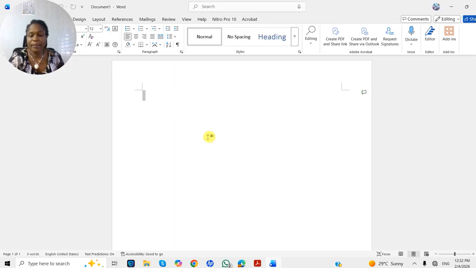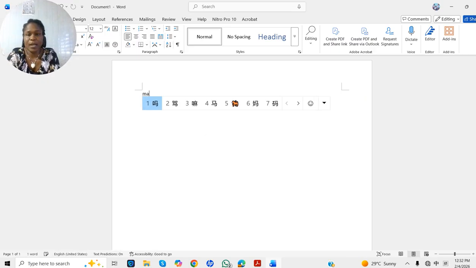For a singular ma, I don't know if you can see my characters now. So this is ma. I believe you're seeing what is showing. This ma is flat. In fact, it's almost like no tone, because they usually use this as a particle when you want to say ni hao ma. It means nothing. It's just something they usually put at the end of a sentence.